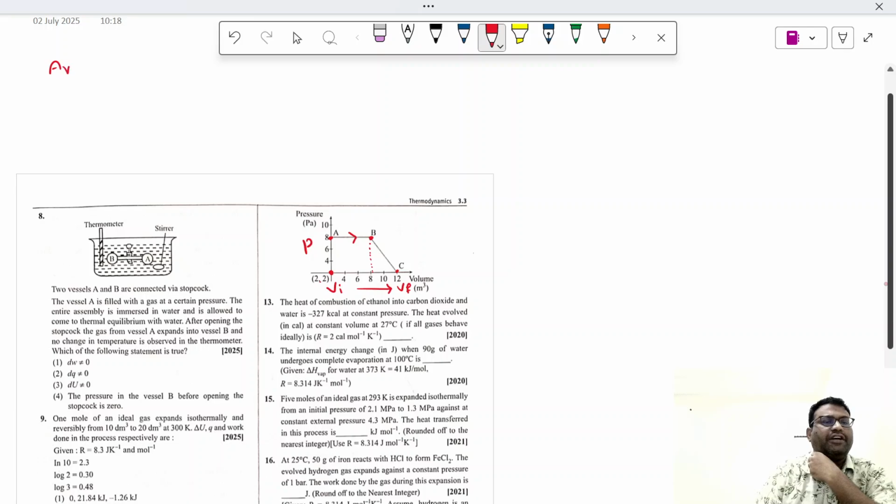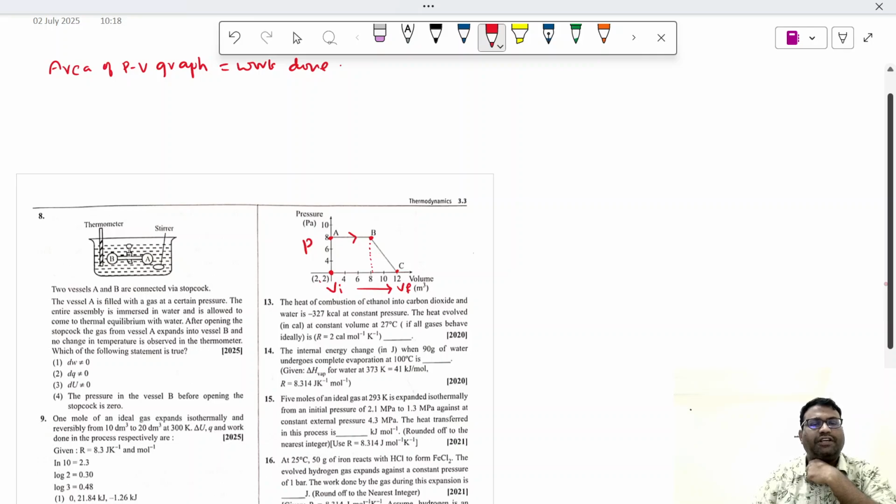So area of the PV graph is equal to work done. So let us calculate this area.